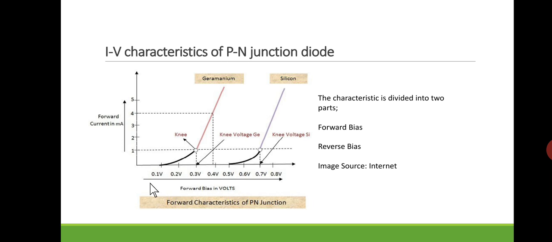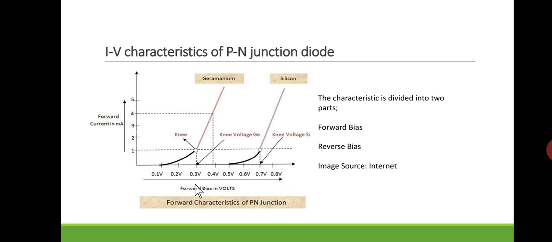Here what happens when you increase the voltage from 0.1, 0.2, 0.3, till 0.3, we are getting very small current, that too 1 milliampere. Here you are seeing in the graph, if we increase the voltage from 0.1 to 0.3, we are getting only a small current, that too in milliamperes.